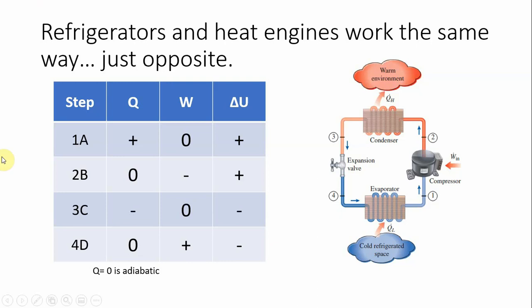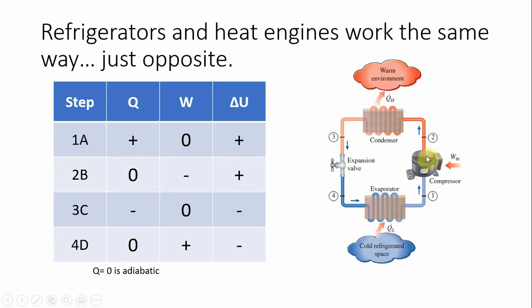In letter B here, we're going to have no heat transfers. This is an adiabatic process. We're going to have work done on the system. We're compressing that gas, so work is negative. And so again, we're going to have an increase in our overall internal energy.